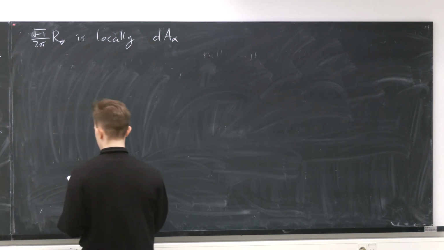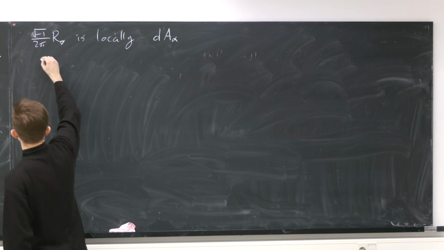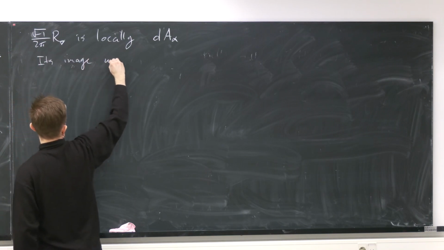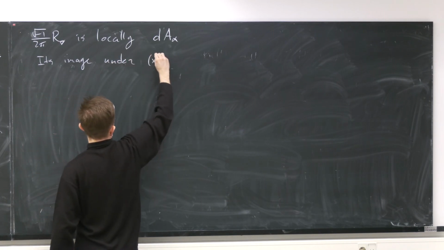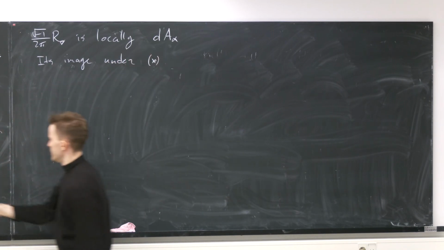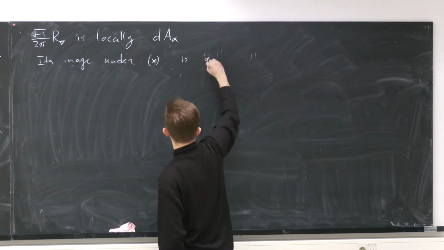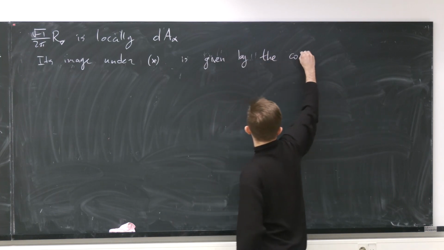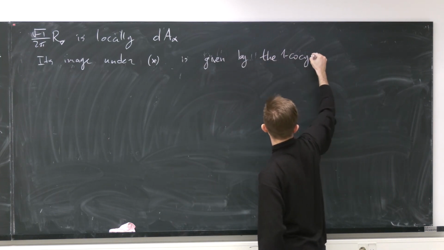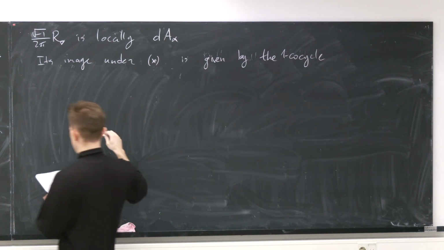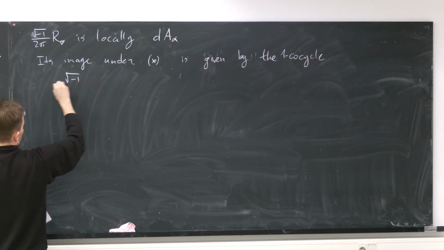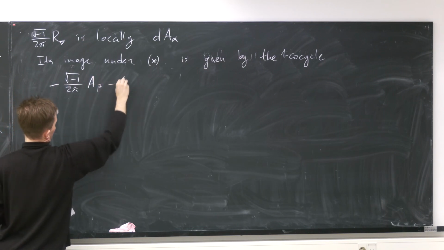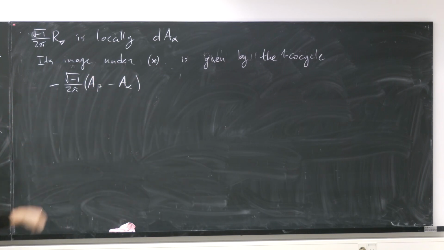So its image under this map star is given by the cocycle, a one-cocycle of the following form. There should be some minus here.